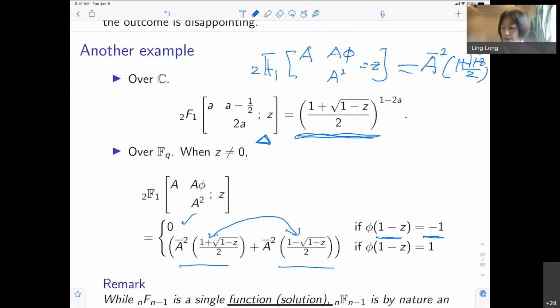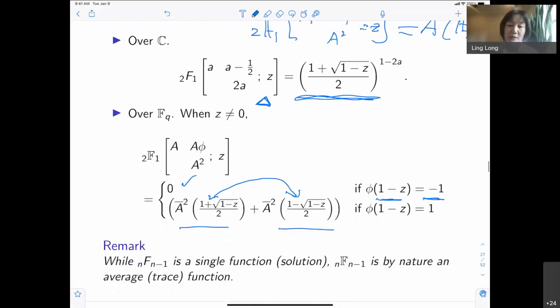And the main point is, we should be very careful when we claim such a formula from the literature. When we're doing the finite field analog, the main thing I'm trying to warn you about is that while the classical formula very often represents a single function or single solution to the differential equation, the finite field analog, on the other hand, by nature, is going to be an average.